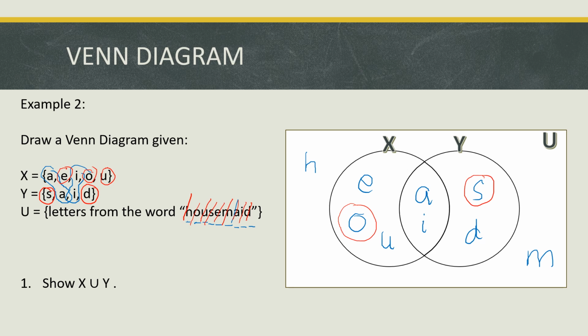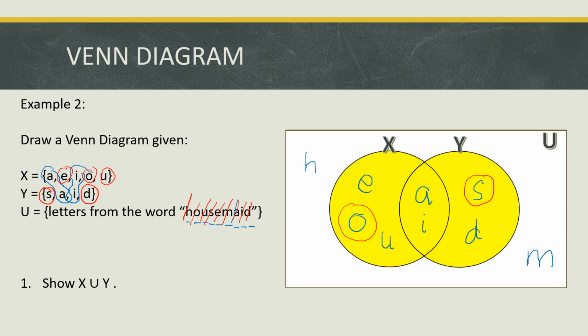How about if we wanted to show X union Y, or set X union set Y? We all know that when we say union, we're going to combine all of the elements that belong to the set X and to the set Y, or belong to the circle X and to the circle Y. So we're going to shade those two circles.